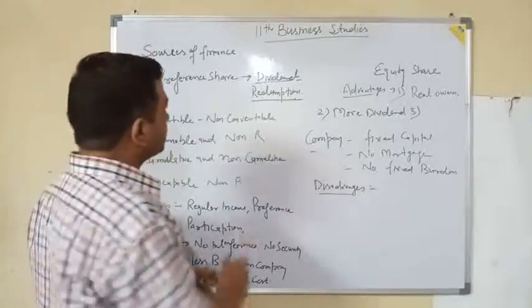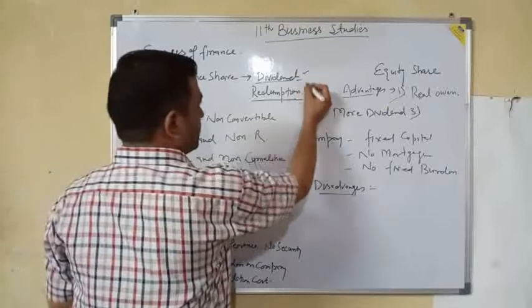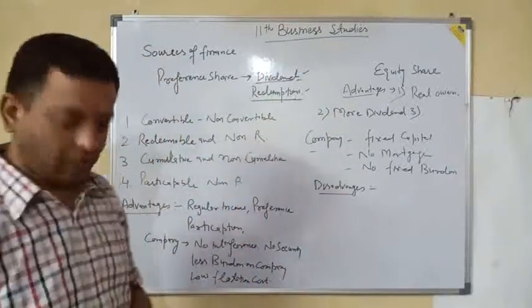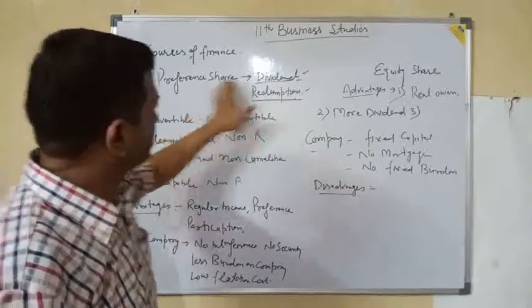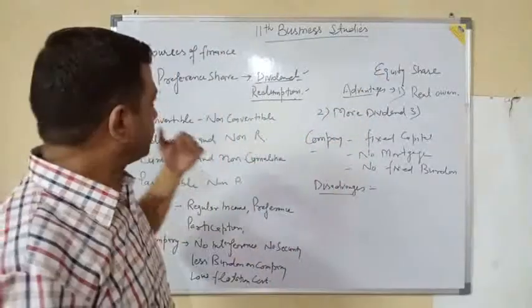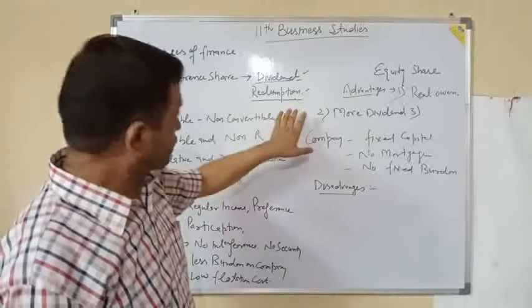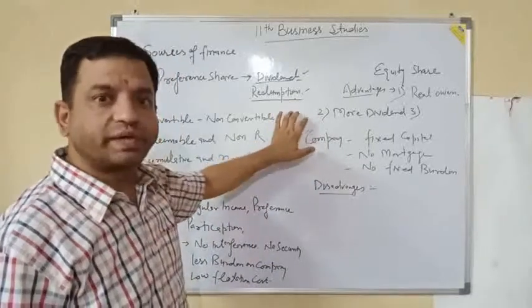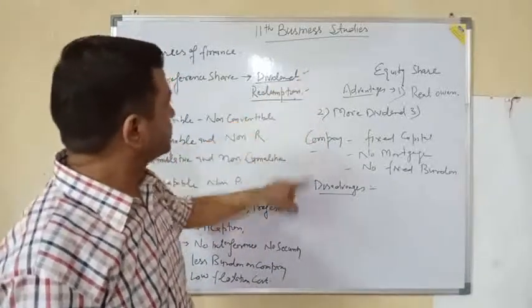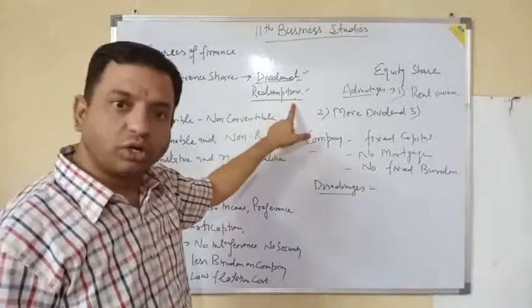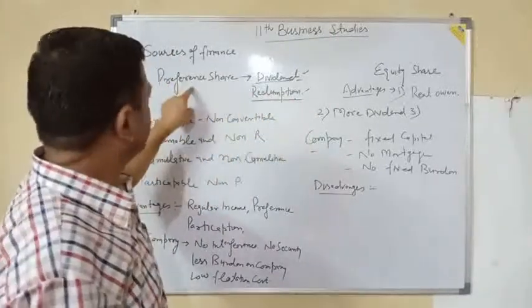So if any share has preference at these two times, like basically we have two shares, preference and equity. Suppose the company is going to give the dividend, so those shares which have the preference to get the dividend or preference at the time of redemption, those shares will be called preference shares.